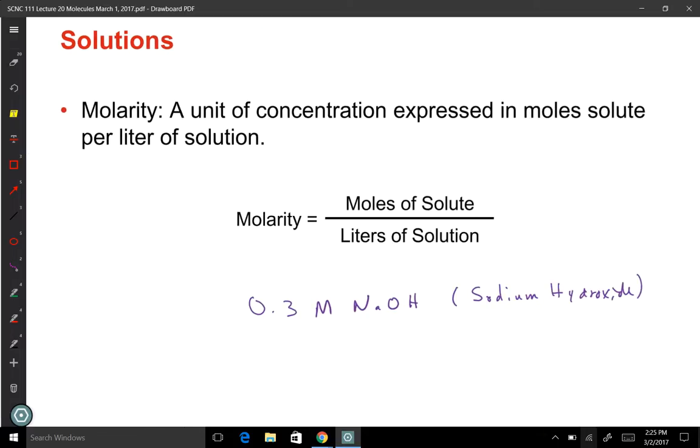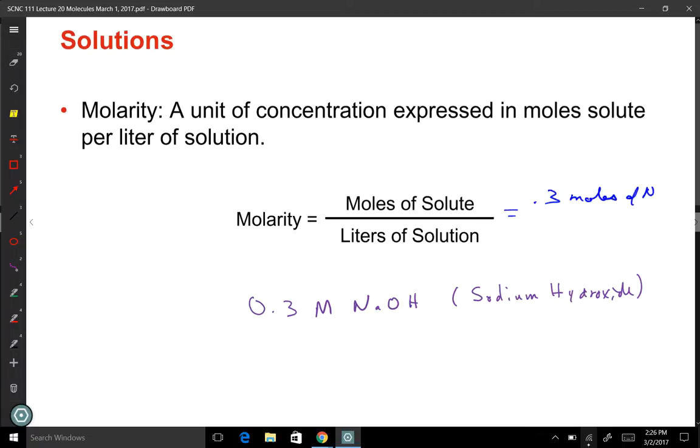Okay, molarity. One of the tests we're doing is going to be with 0.3 molar sodium hydroxide. 0.3 molar means that it has 0.3 moles of sodium hydroxide per 1 liter of solution.